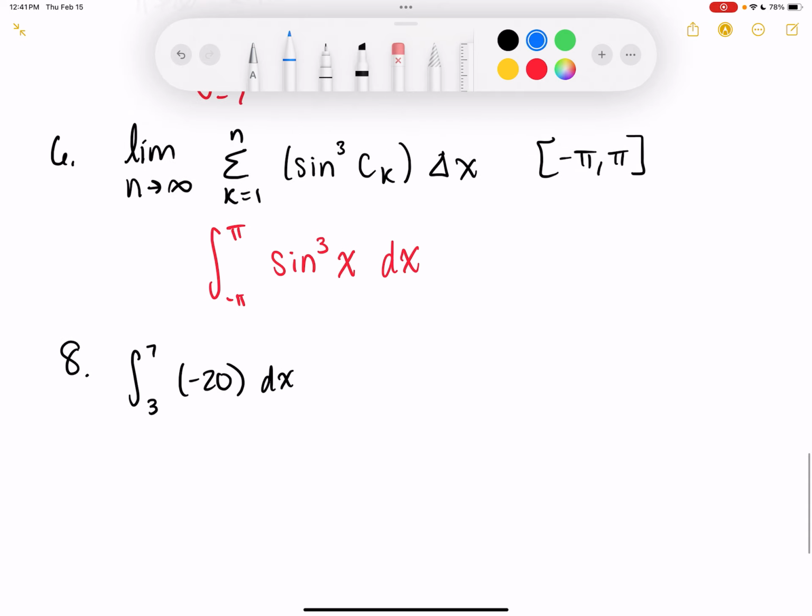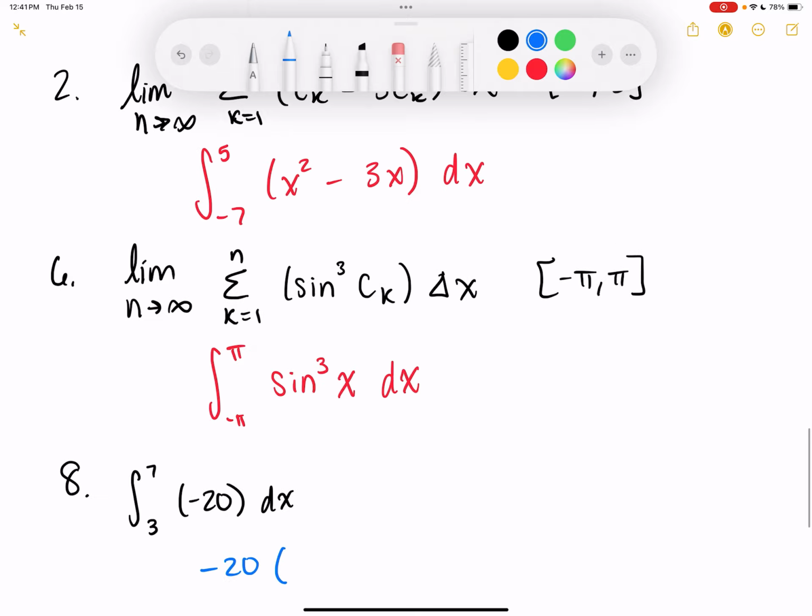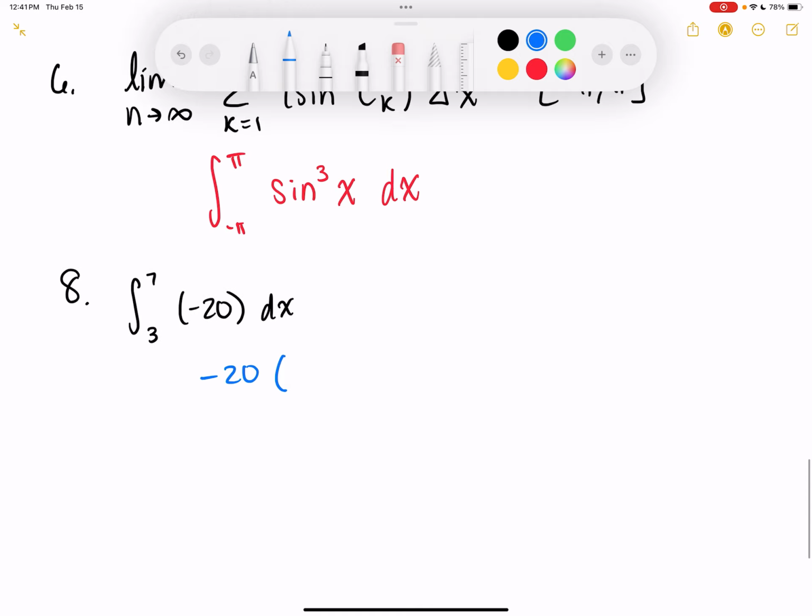So, this is going to be negative 20 times b minus a, so 7 minus 3, which is negative 80. And that's your answer. And before you ask, yes, it does get a little harder. I understand. Now, there are a solid 6 problems like this.